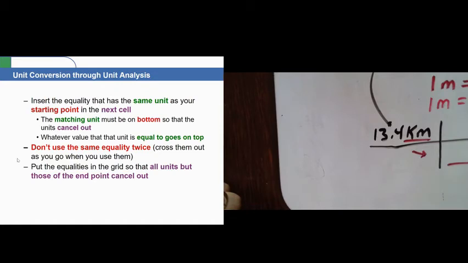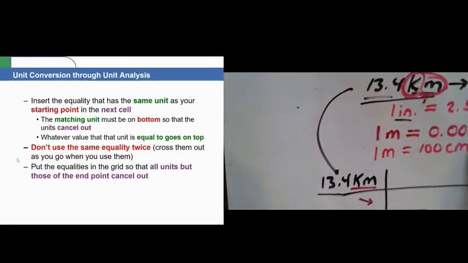So we're going to look amongst our equalities for kilometers. It's right here. So I'm going to write the number 0.001 kilometers on the bottom, and what it's equal to, 1 meter, goes on top. Whatever the unit that it's equal to goes on top. Once you use an equality, cross it out.